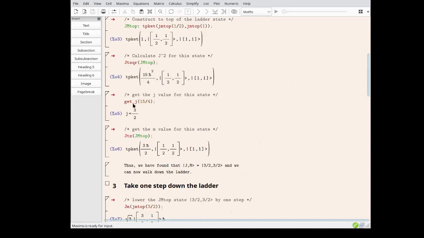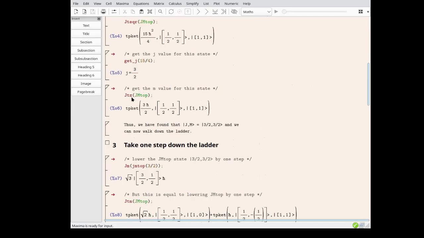There's a convenience function called getJ, and if I just give it the coefficient 15/4, it solves the equation J times J plus 1 equals 15/4, and it gives us J equals 3/2. So we know that the top state and the total spin is 3/2. So the very top of the ladder in the total JM is 3/2, 3/2.